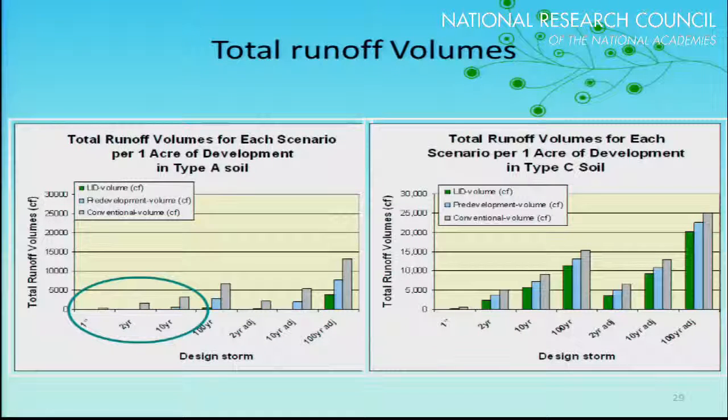The gray bars are going to be post-development, and the light blue bars, and the gray bars are the conventional stormwater runoff. So again, green is low impact development, light blue is pre-development, what you'd expect from a natural system, and gray is conventional. And we're comparing two simple things, the volume. The first few sets of bars are existing hydrology. The next, where you see ADJ adjusted, are what we're expecting with climate change.